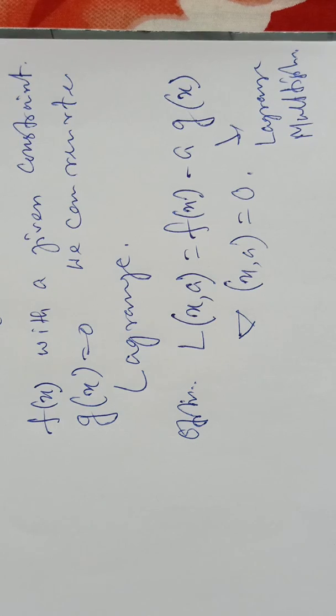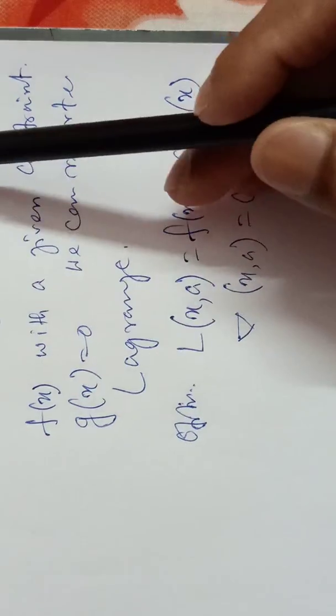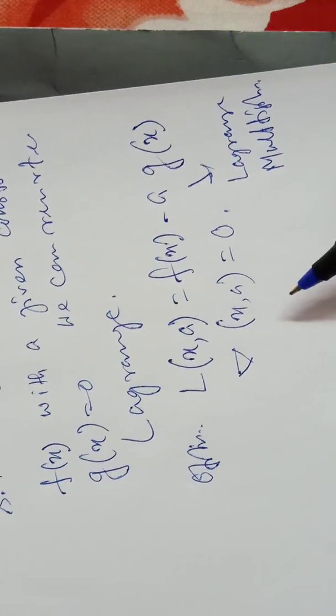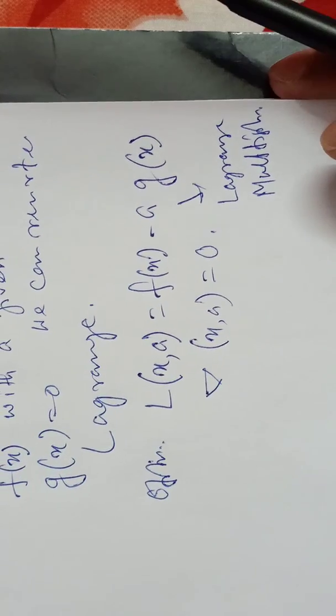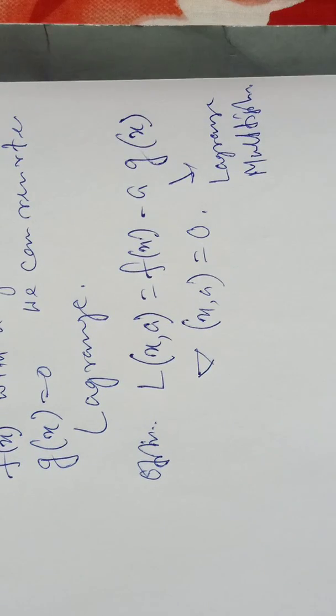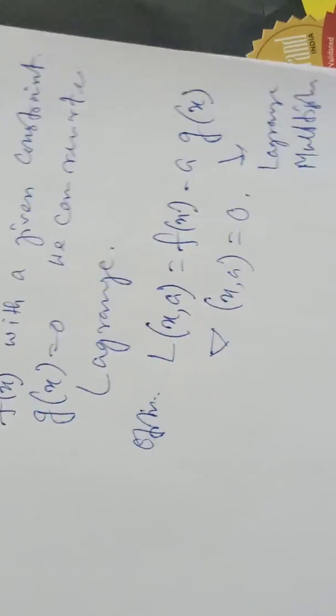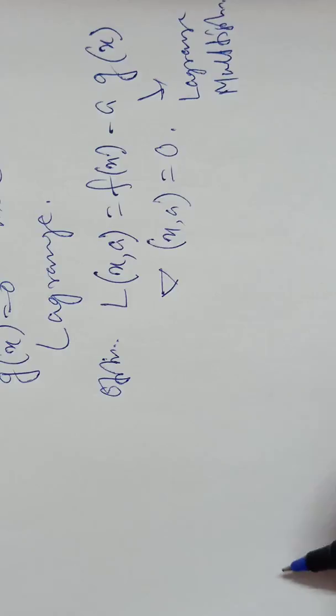Okay, right. So here, to find the optimum value of this half of norm square, we will apply the Lagrange equations. In that case our Lagrange equation will be like this. We have to find the minimum.